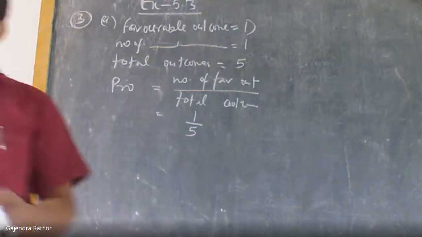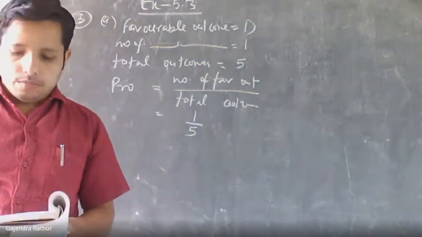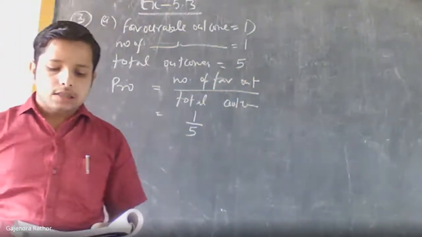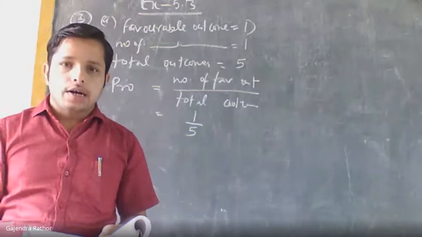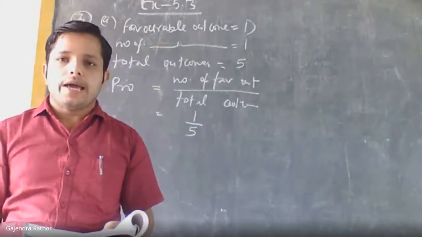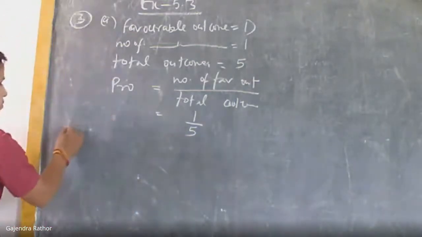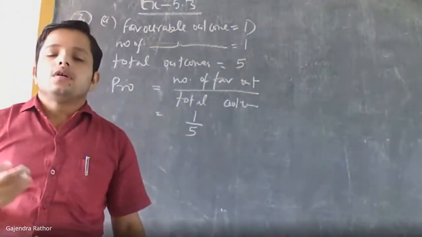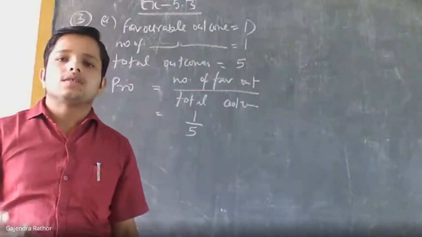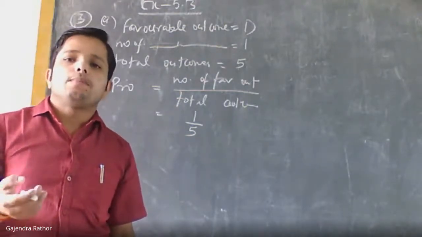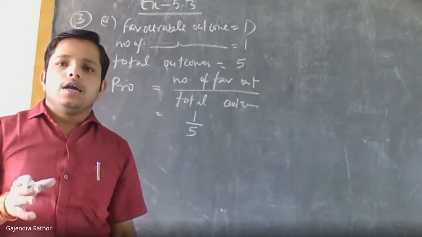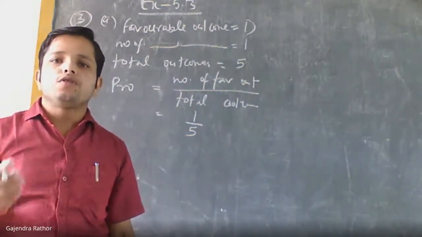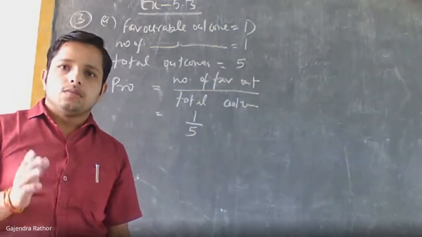Okay, so let's continue. The next point B: probability of getting an ace from a well shuffled deck of 52 playing cards. If you have observed a packet of playing cards, there are a total of 52 playing cards.